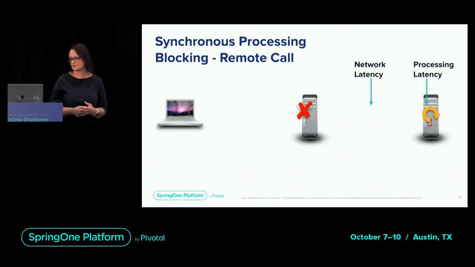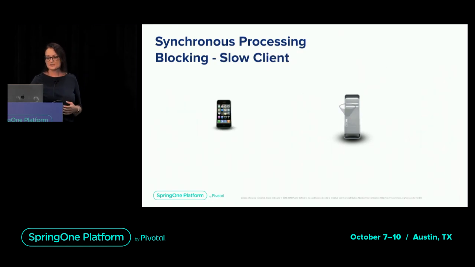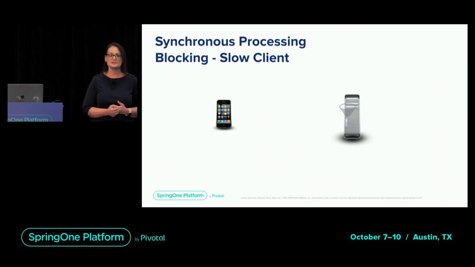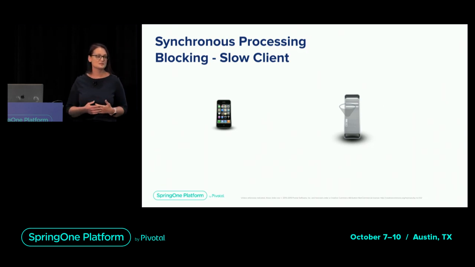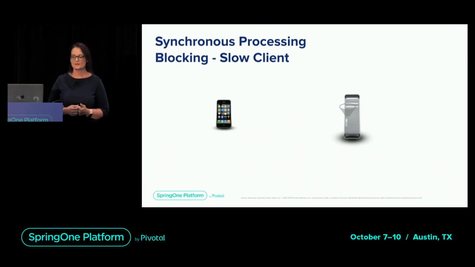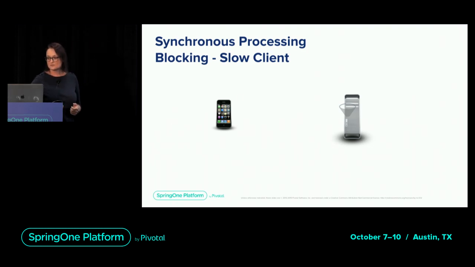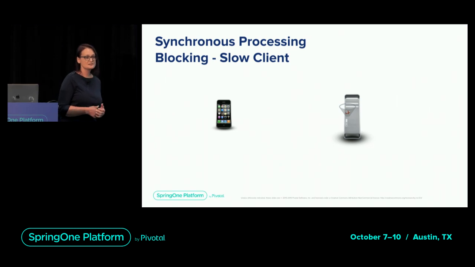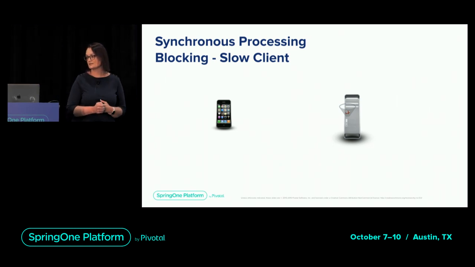And we will start declining the incoming requests. What happens when we have mixed traffic, which means we have different remote clients that experience different network latency? Again, when the request comes to the server, in the server thread, we do everything.